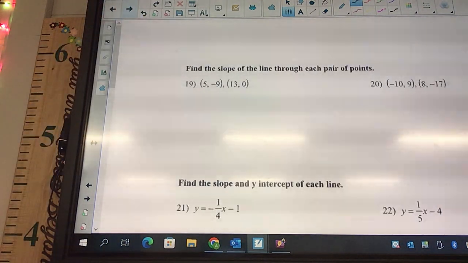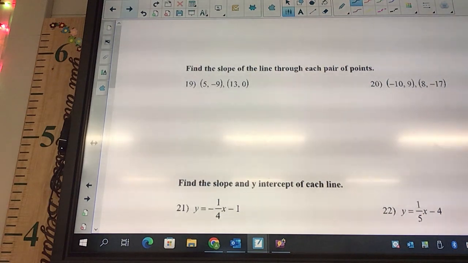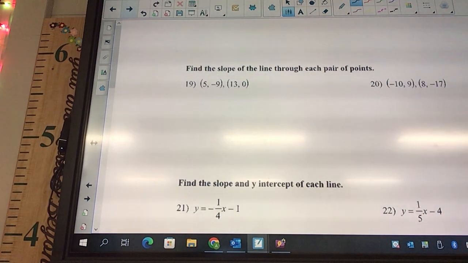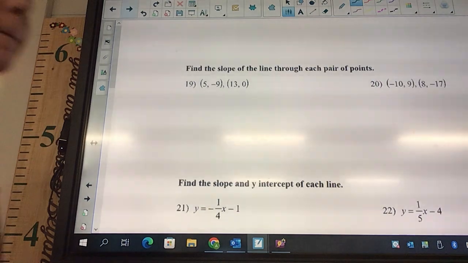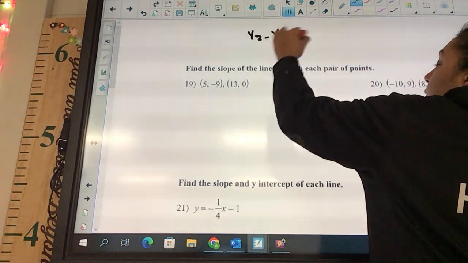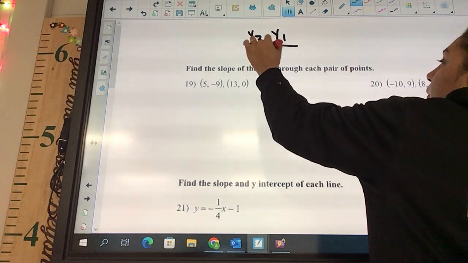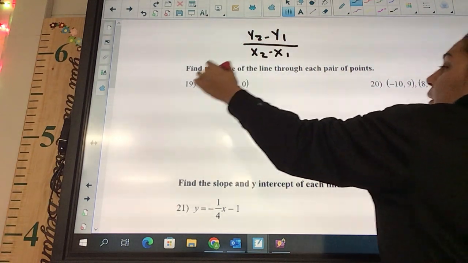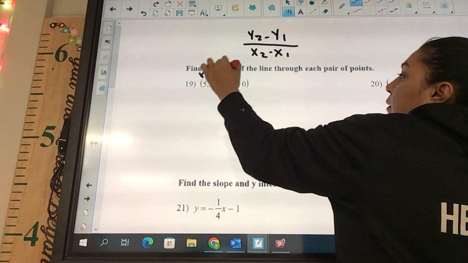Okay, find the slope of the line through a pair of points. What is the slope formula? Does anyone remember? What is it? y2 minus y1. Okay, good. Okay, so we can label these.